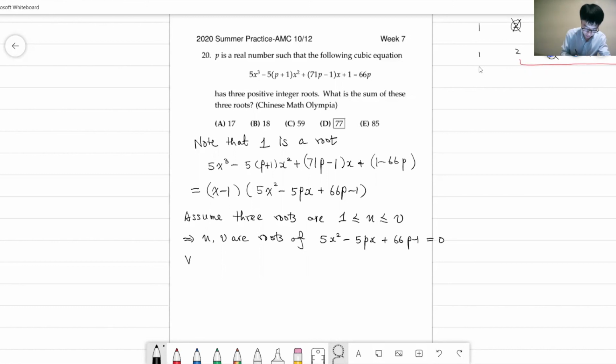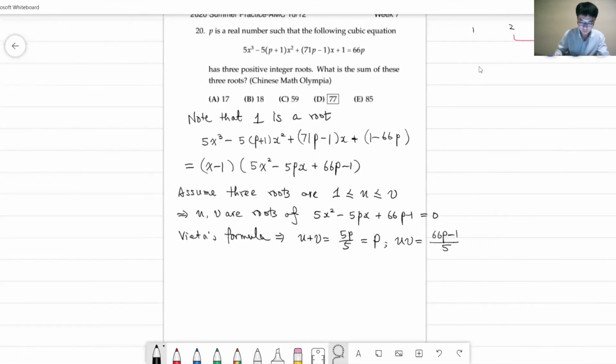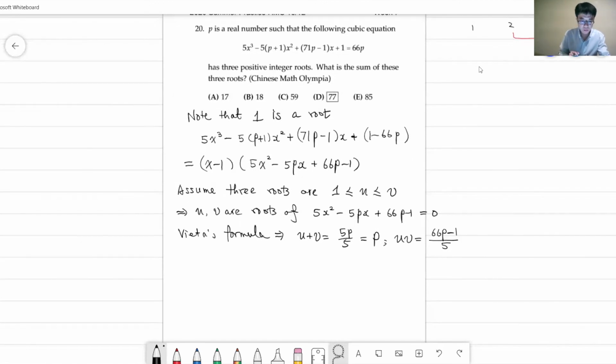And then we can use Vieta's formula. It implies that u plus v equals 5p over 5, which is just p. And u times v equals (66p minus 1) over 5. Right? And we note that we can eliminate one variable.